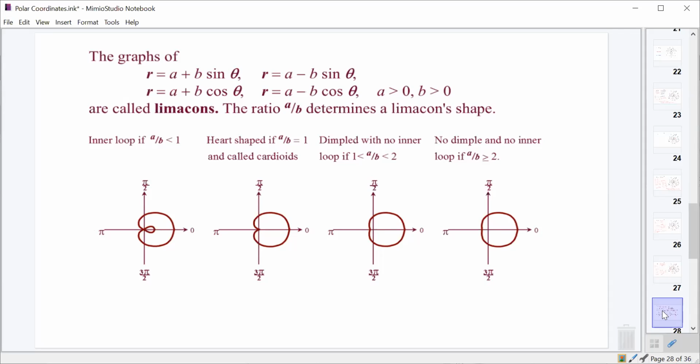It's heart-shaped, it's cardioid. Right? You get this dimple, this little dimple that's not a pole, and then we get this flattened side, no dimple, no loop. That's greater than or equal to 2. So if you need a second to write that down, you're welcome to, but my guess is you've all got all of that down already.